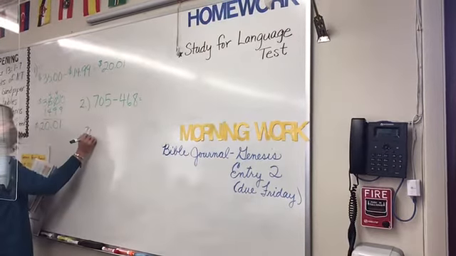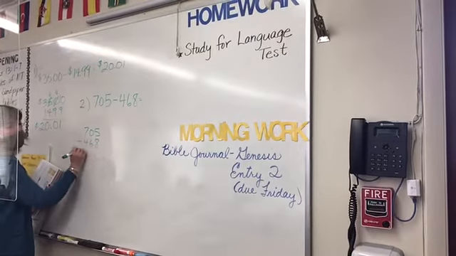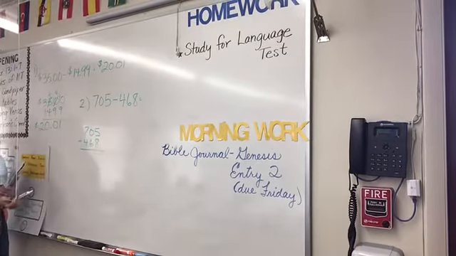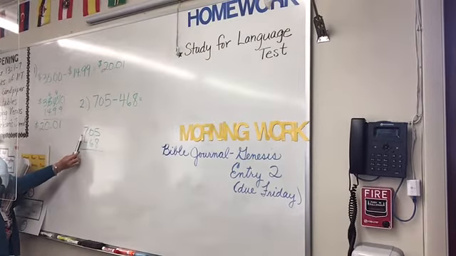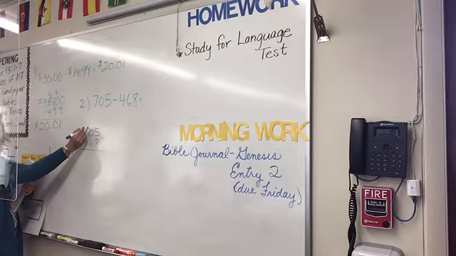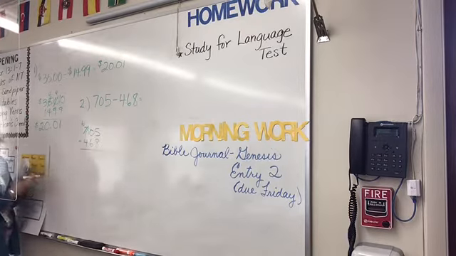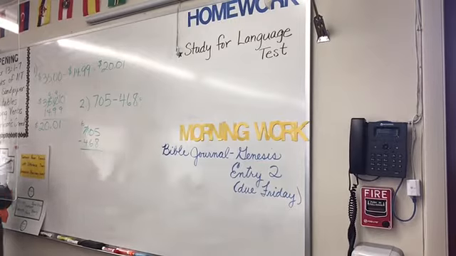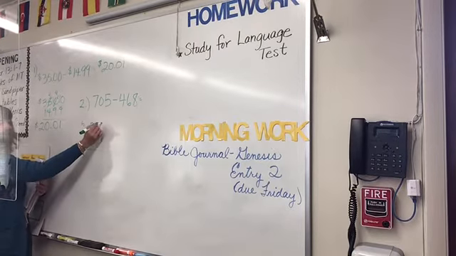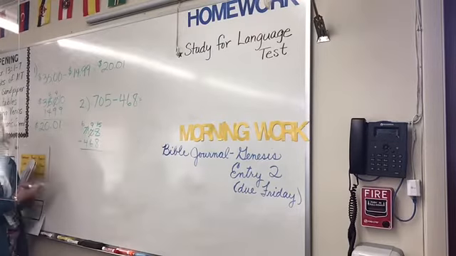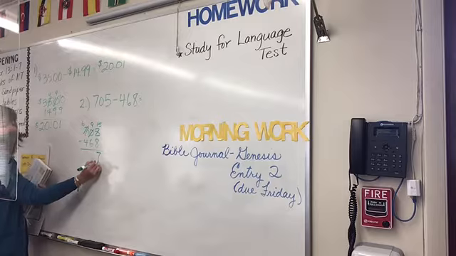So 705 minus 468. Again, we need to borrow. We can't borrow from a 0, so we need to come to the 7. That becomes 6, and my 0 becomes 10. Borrow. 10 becomes 9. 5 becomes 15. So what's 15 minus 8? 7. What's 9 minus 3?